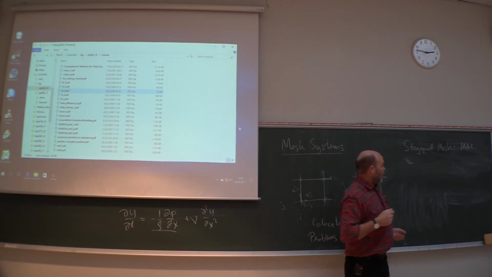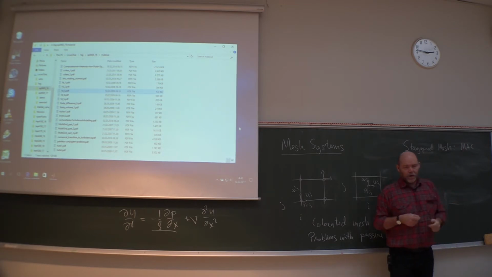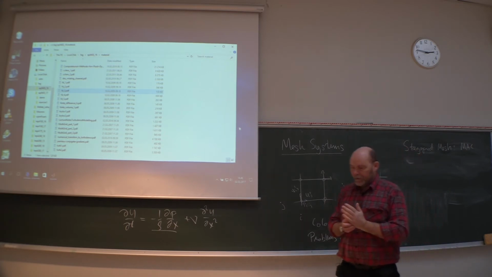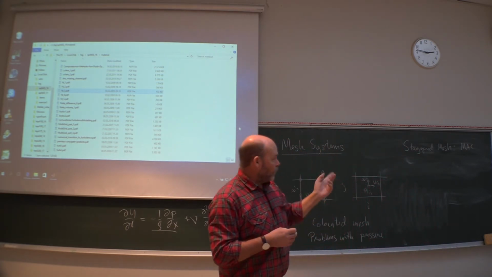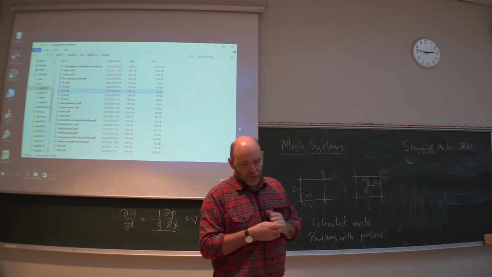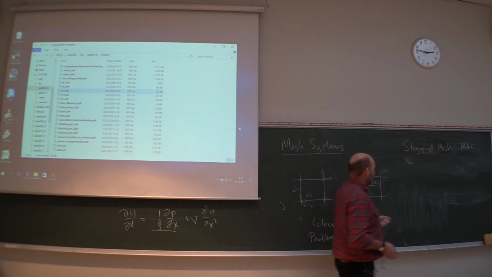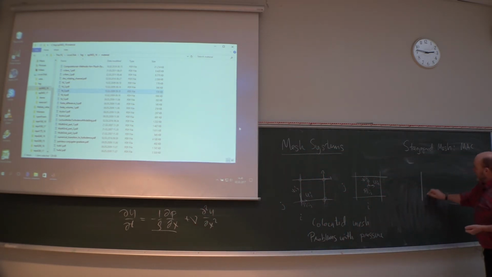And they put some passive markers inside each cell that had fluid, and then removed the marker if it was air inside that cell. So marker and cell. That was sort of an okay idea, but the gold in that article was the mesh they chose. And that's why we still call it a MAC system.